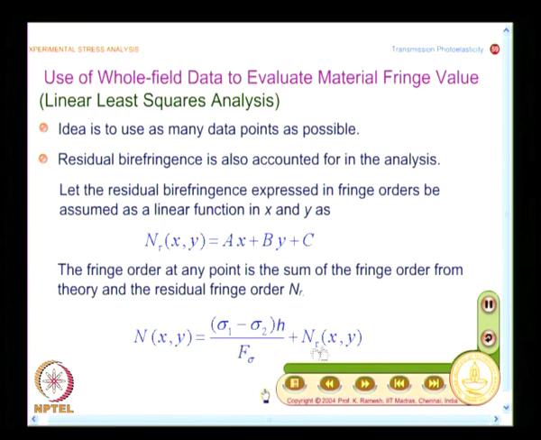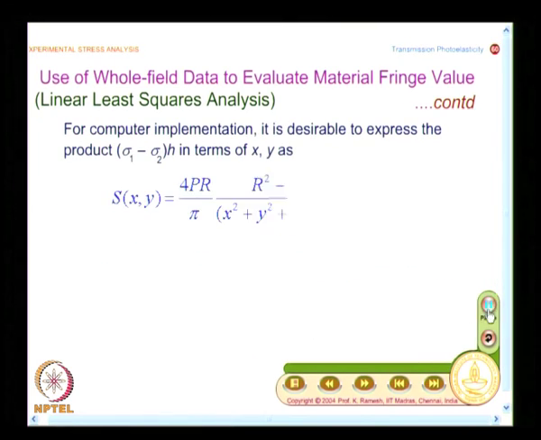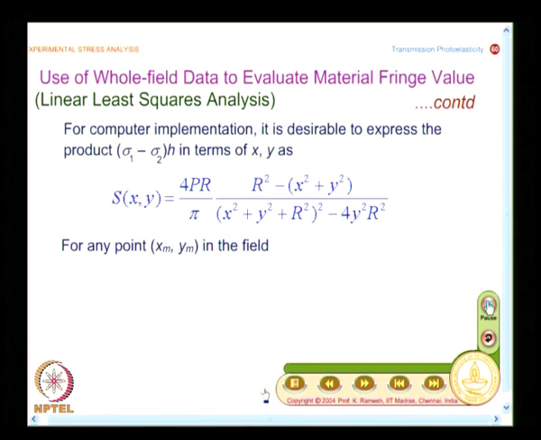We already have an expression for this, and we will replace it as a function of x and y from the generic expression of sigma 1 minus sigma 2. That will be the first step. Then we will see how to coin equations so that we do a least squares analysis. We already know sigma 1 minus sigma 2 as a long expression, and we recast it as S as a function of (x, y), which is nothing but (sigma 1 minus sigma 2) times h.